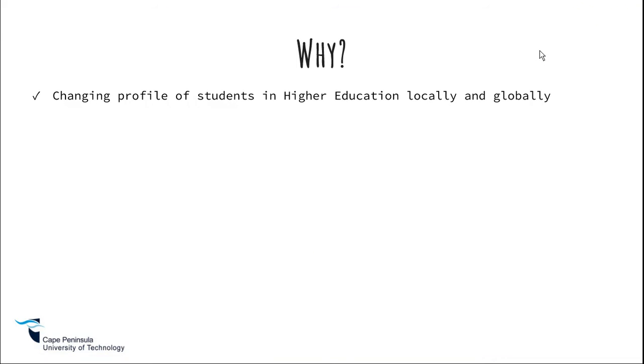Okay, so why? Because of the changing profile of our students in higher education, and it's not just a local thing, it's global. Higher education globally is becoming more and more responsive, looking at flexible ways of doing things in order to account for the fact that our students are working. They often have families.